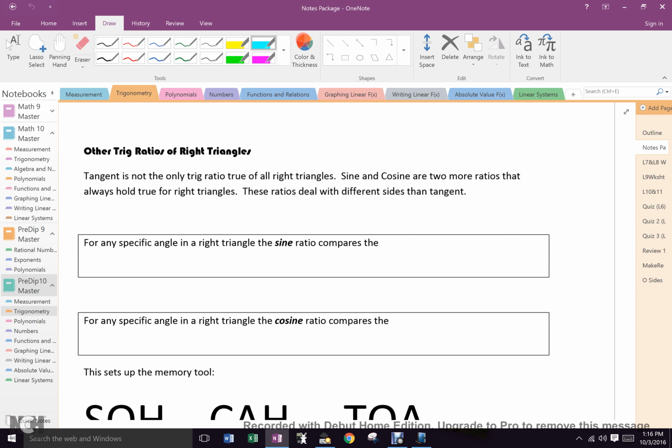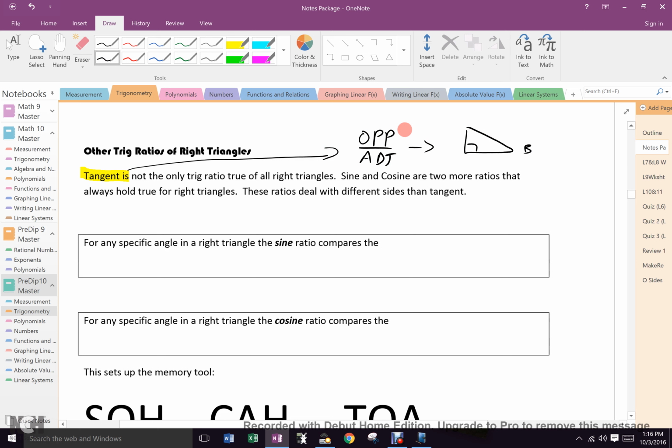So we have to talk about the fact that we have only dealt with tangent. Tangent only applies to the opposite and the adjacent. Now that means the triangle has this side, and a third side.